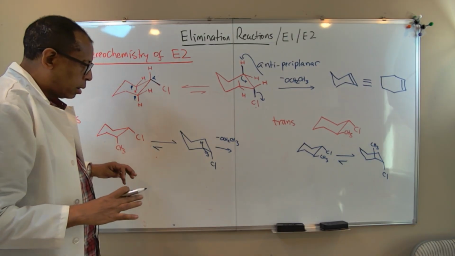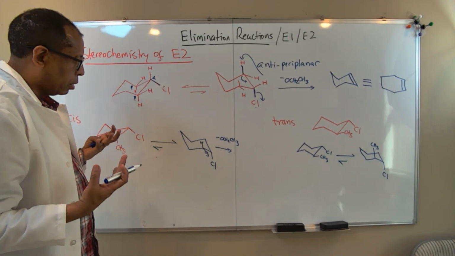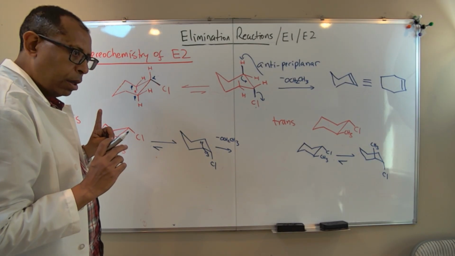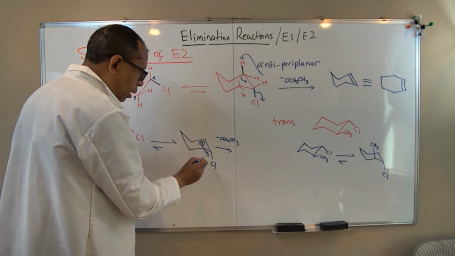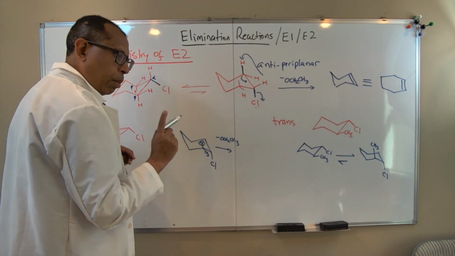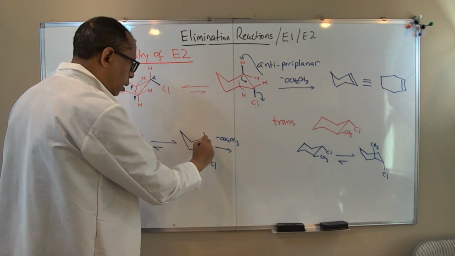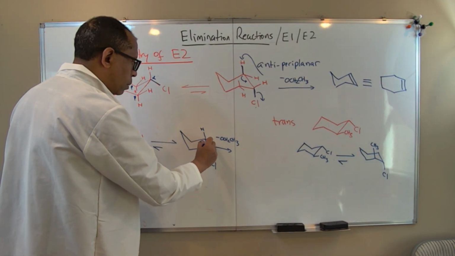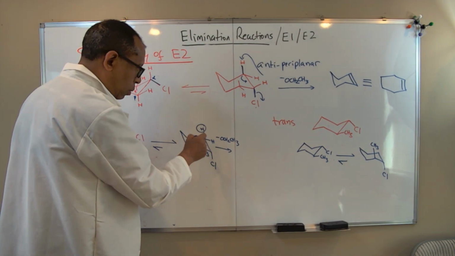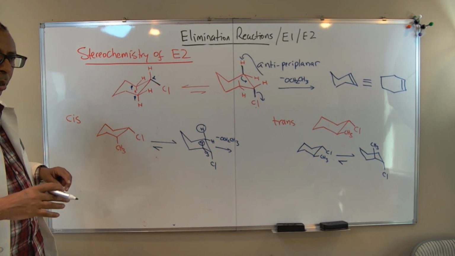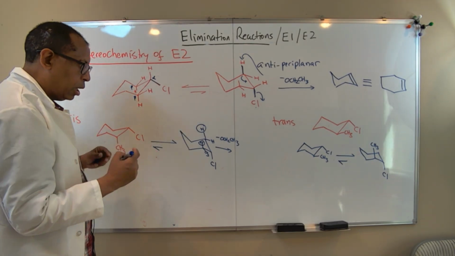Let's consider how many beta hydrogens we have. So there are two possibilities. This is one of the beta hydrogens that can be eliminated, but there is another one as well. Here are two hydrogens, and one of them can be used. This hydrogen and these two hydrogens are available for elimination.